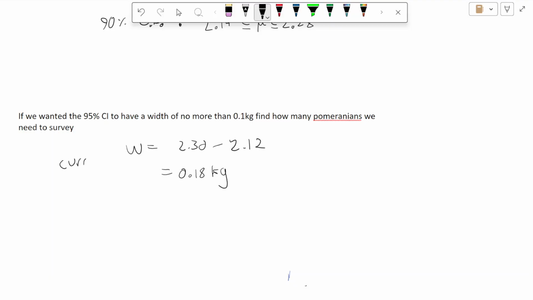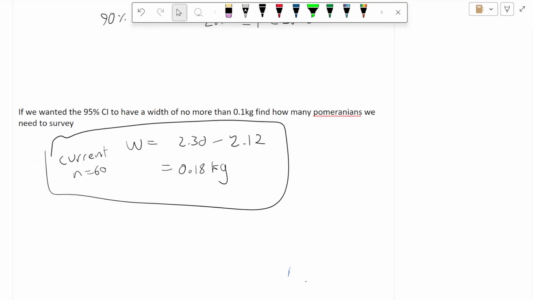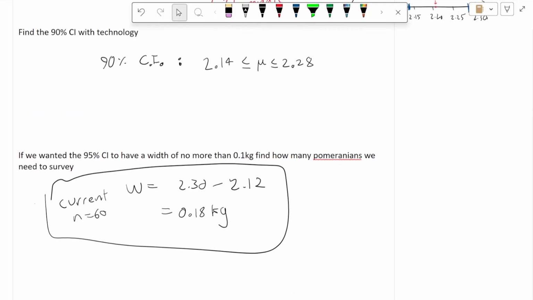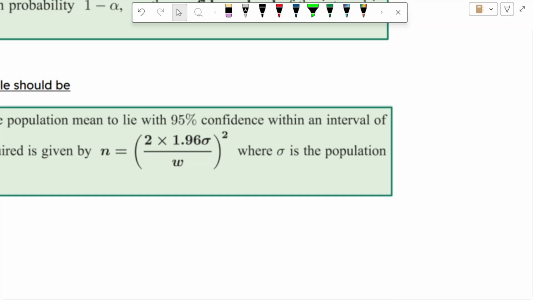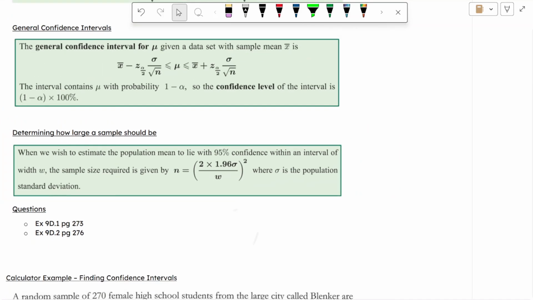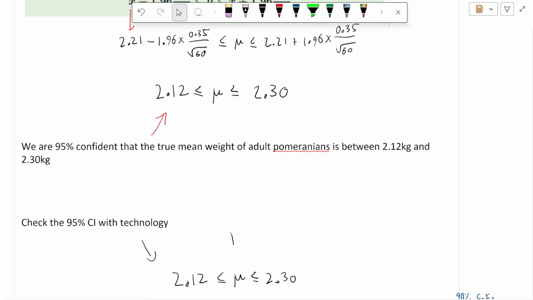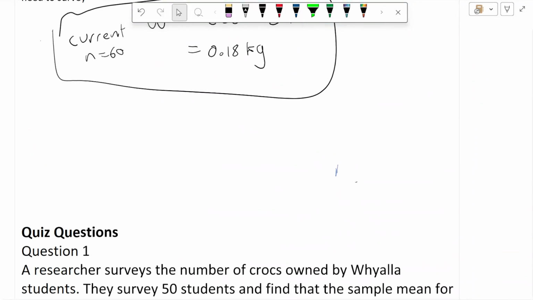That is the current, where N is 60. We'd like to know how many we need to make it 0.1 kilograms wide. So there's a formula for that. It's n = (2 × 1.96 × sigma / W) squared. You actually get it from rearranging the confidence interval formula.